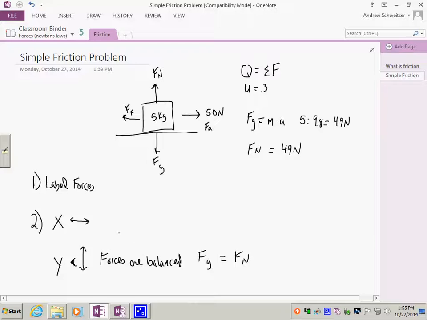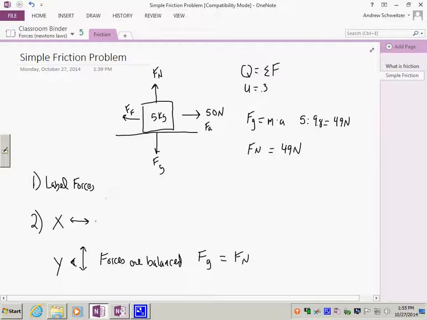Now in the X direction, I don't know necessarily if the 50 newton force would be enough to move the box, or if it's just balanced. Maybe it's traveling to the right at a constant velocity, so this exactly equals this.